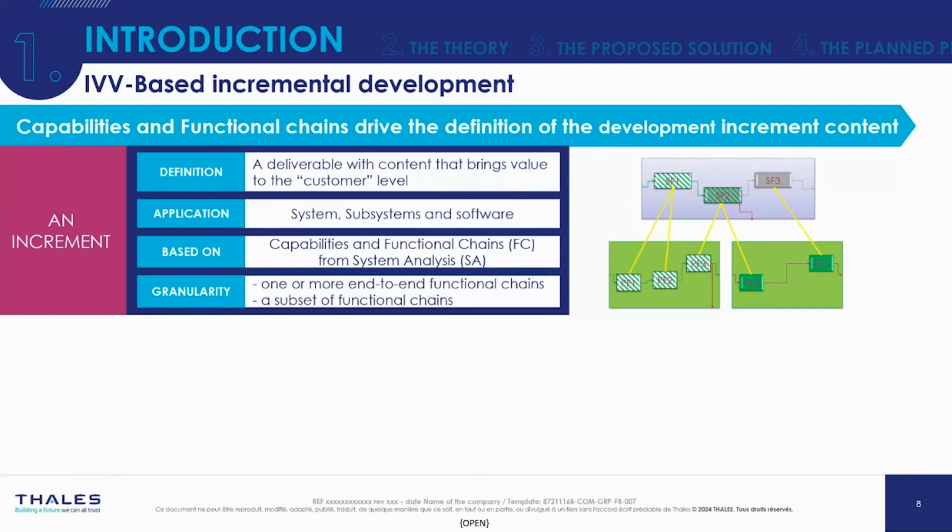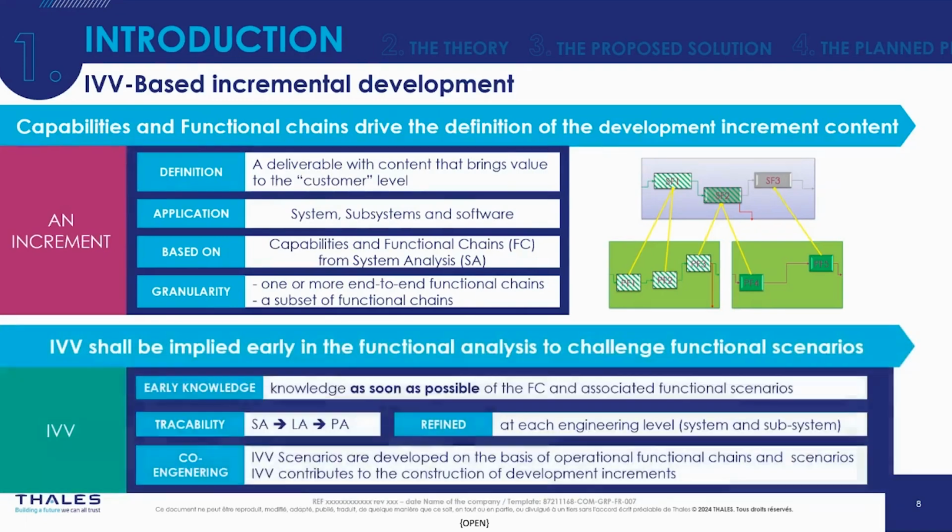The next definition is more of a major shift compared to what we did in the past, since we try to involve IVV as early as possible in the modeling phase activities, so that they can take ownership of the functional chains which are defined with the architect. So we do not wait for the second part of the V to involve the IVV manager.